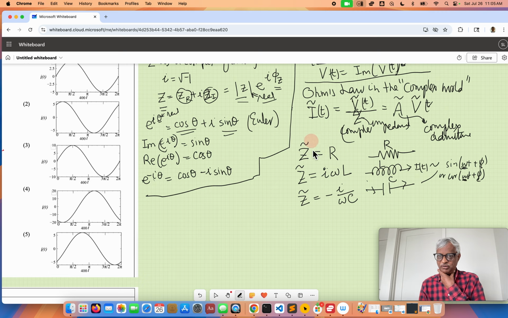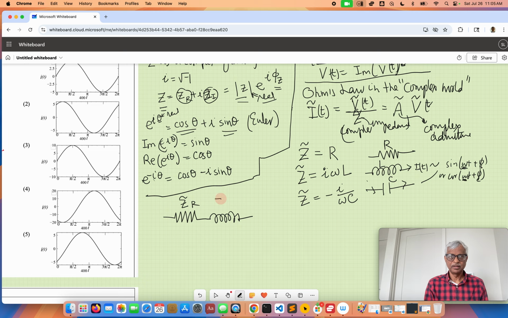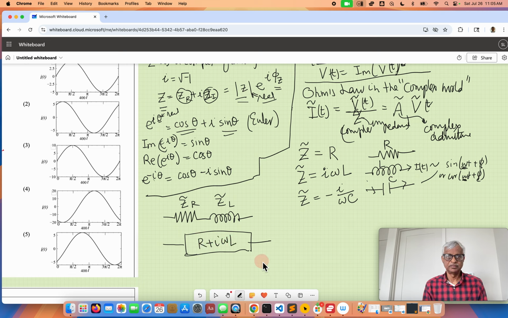So you write all of them, and if you have 2 of these, 3 of these, there will be a Z tilde R and Z tilde L, but they all act like resistance. So this whole thing will look like R plus I omega L. So it's actually a complex number here.